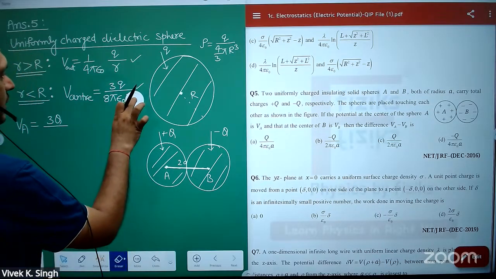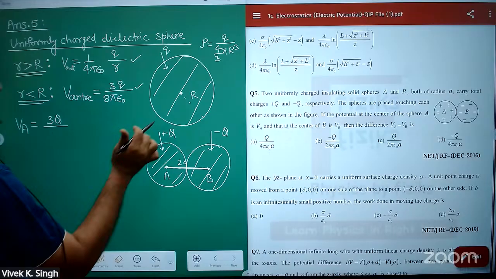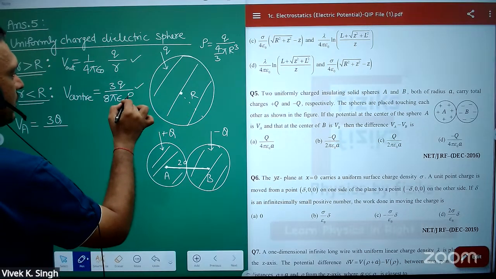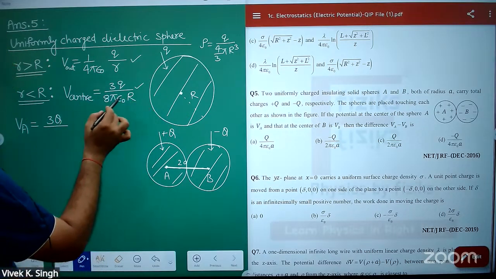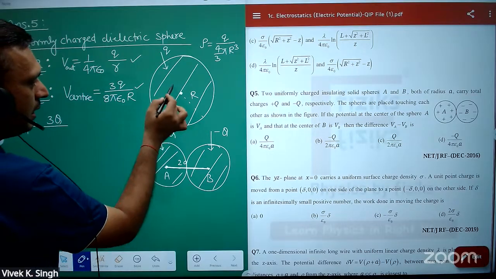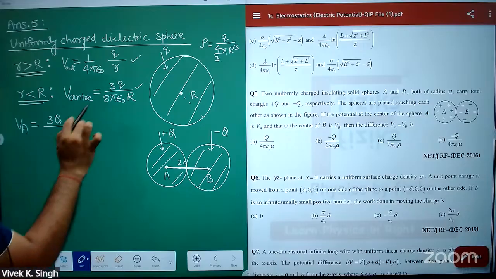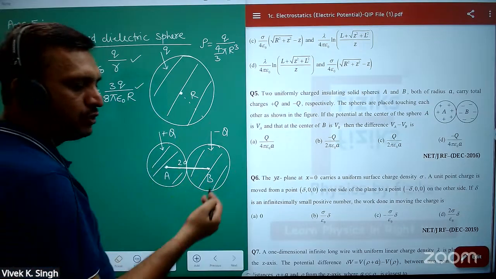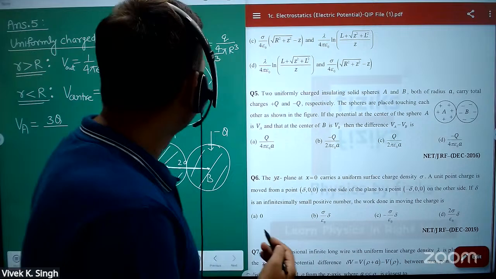This will not vary, it's some fixed value, its radius is capital R. So potential at the center is 3Q by 8 pi epsilon 0 R, where R is the radius of the dielectric sphere. This formula you have to remember, otherwise you have to derive it.